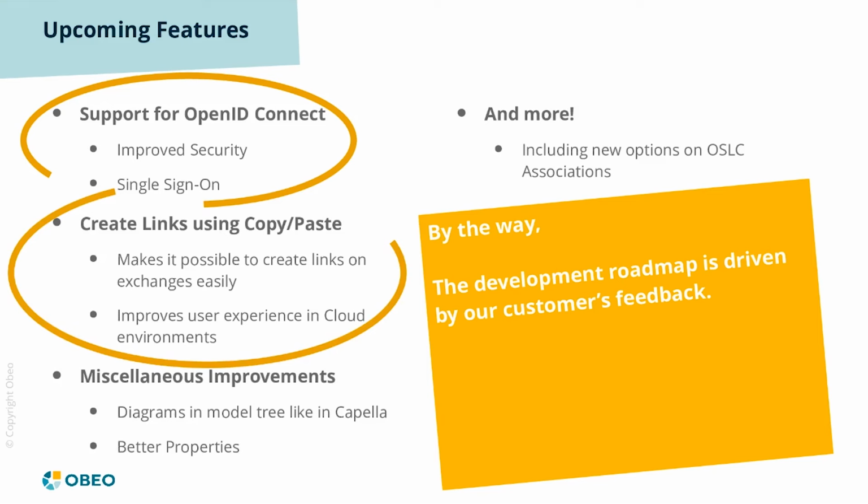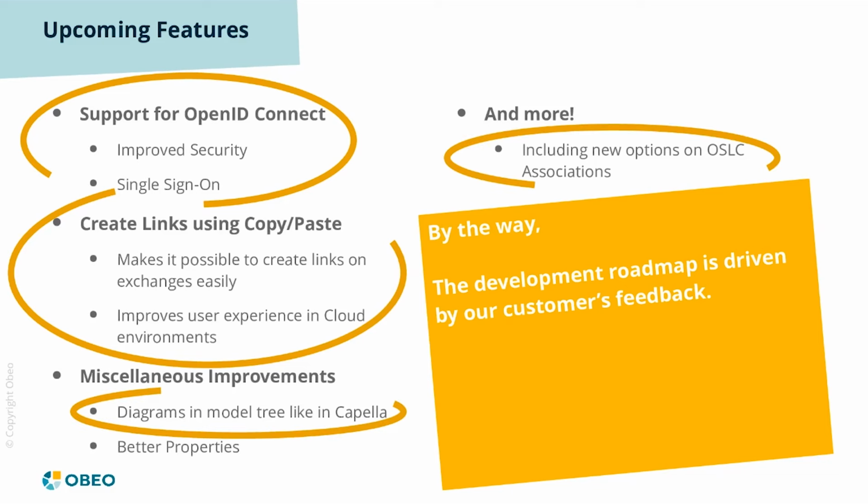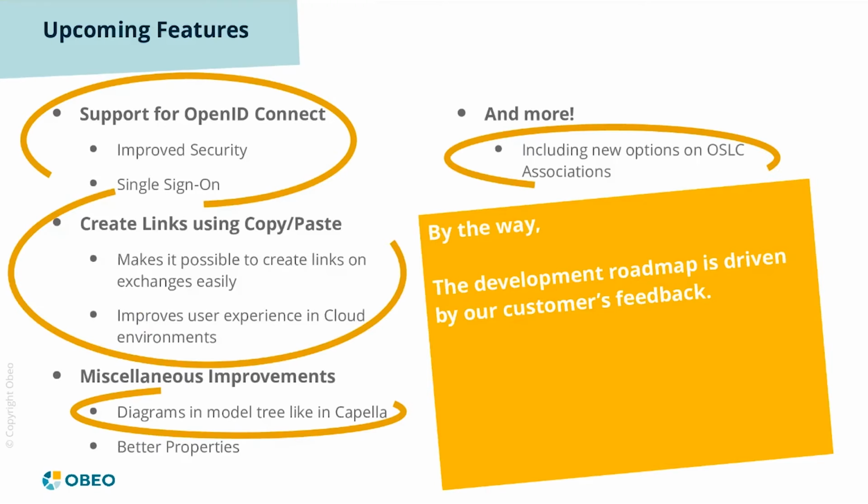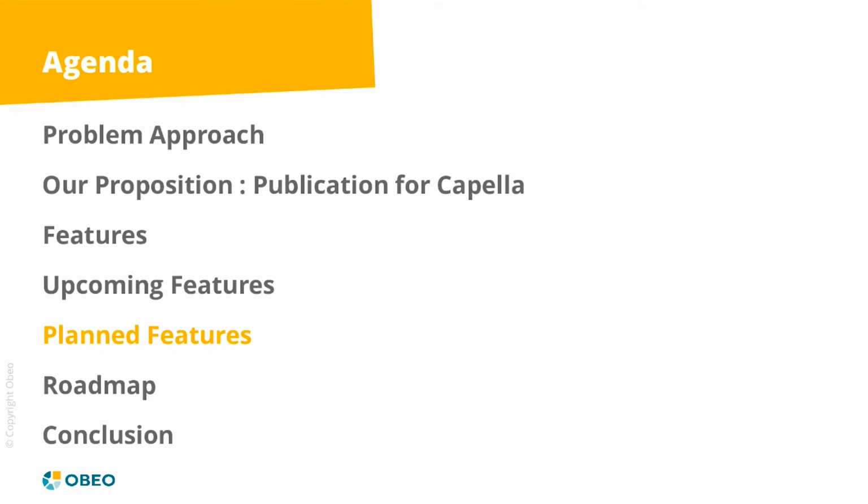Several customers had complained about a few shortcomings with the drag and drop. And so we've come up with this solution. And the same goes for the diagrams in the model tree or the OSLC association options. All these are here because customers have asked for it. So let's continue that way and drive our roadmap with the help of our customers and users.